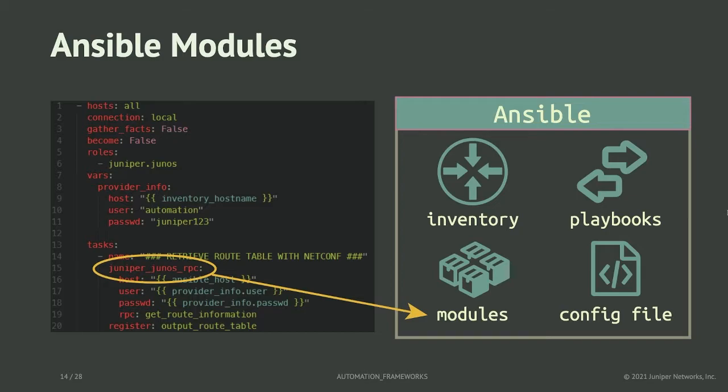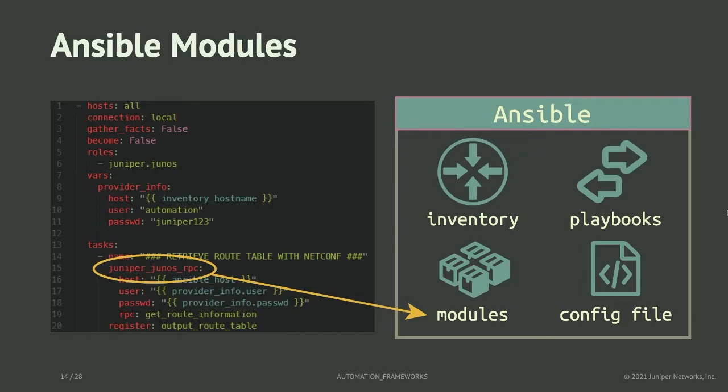In this case, we're calling the module for Juniper_Junos_RPC, which allows me to execute RPC calls on Juniper devices. But what that's really calling in the background is a block of Python code that Juniper had developed specifically to run within this automation framework. So this is how we call in the vendor modules to do particular tasks on our devices.